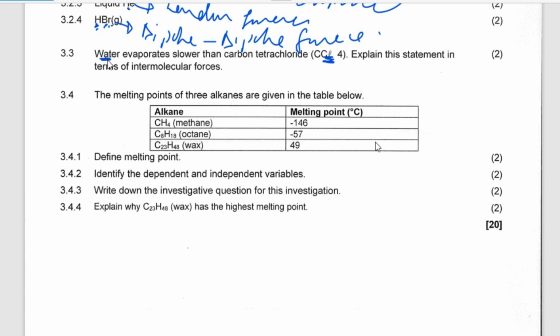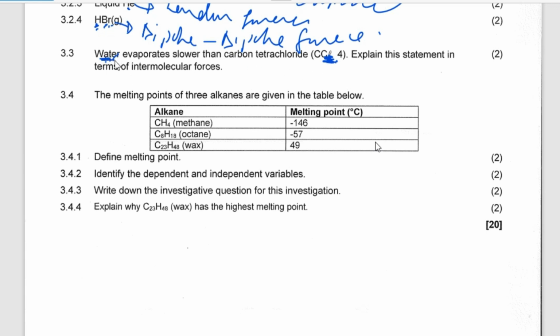So water forms hydrogen bonds, while this one does not form hydrogen bonds. It forms dipole forces, and we say that hydrogen bonds are stronger than dipole forces. Hence, water will require more heat to evaporate compared to tetrachloromethane or carbon tetrachloride.